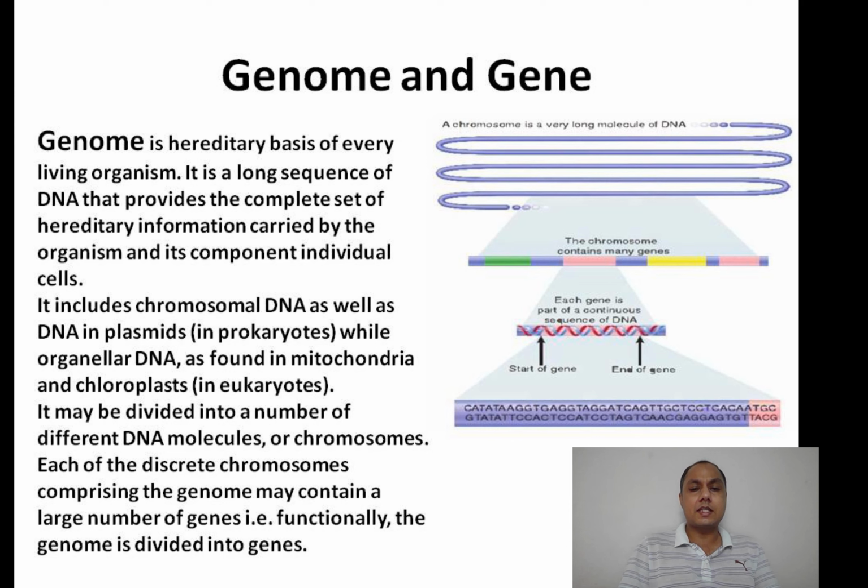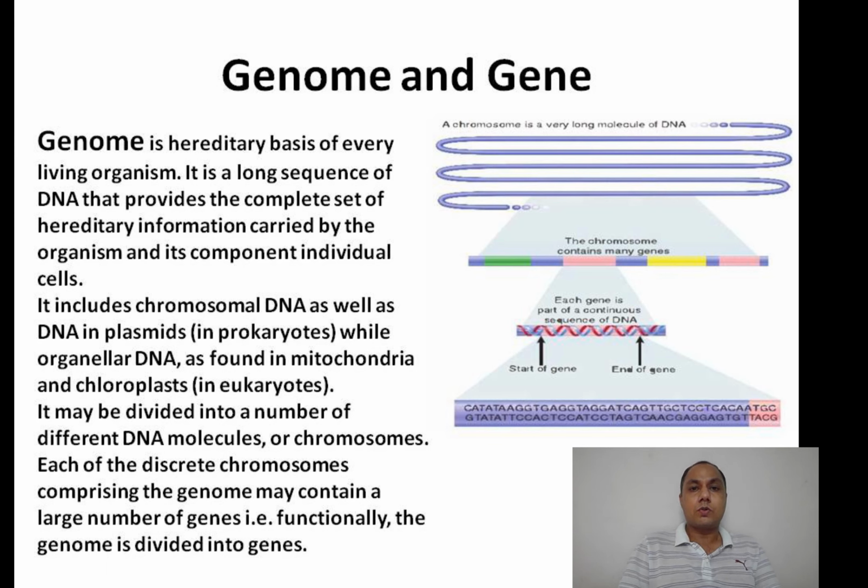So what is the meaning of a set of DNA? For example, human beings are diploid creatures, so there are two sets. We are just talking about one set. That means the haploid chromosome number, the haploid DNA molecule number, collectively called the genome of an organism.